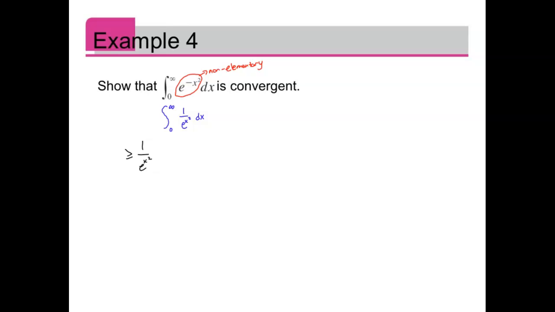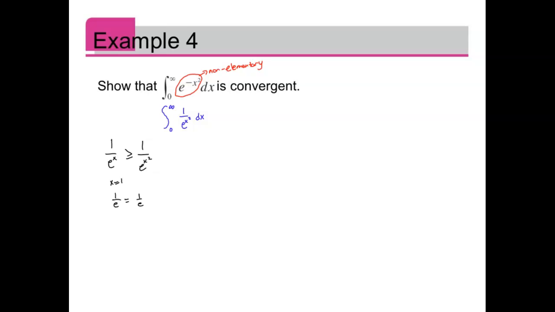So the way you want to try and figure out what the comparative function is, it'll usually be related to the original. So in this case, I would go, okay, well, that's 1 over e to the x squared. What about 1 over e to the x? Is that always greater than or equal to 1 over e to the x squared? Well, if x is 1, they're the same, right? I'd have 1 over e and 1 over e.